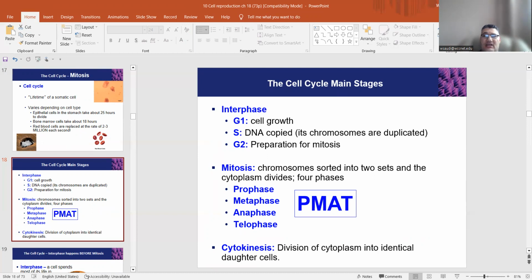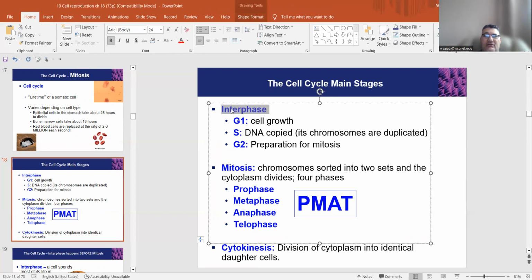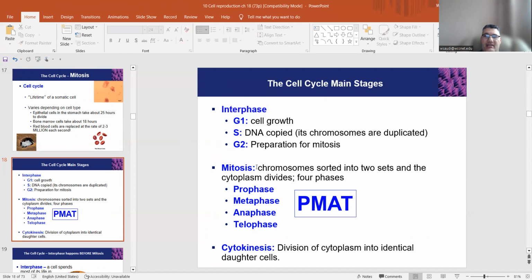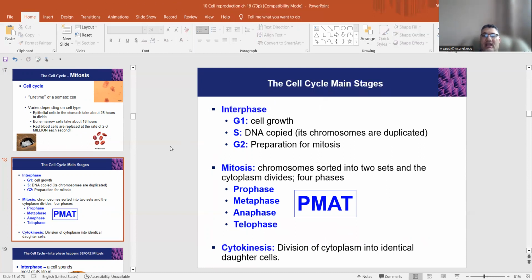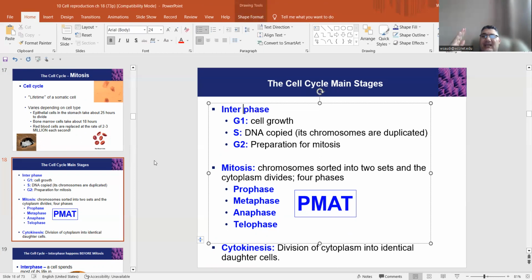And this cycle is divided into interphase, and then mitosis and cytokinesis. Interphase is the longest of all. And inter is another prefix; it means in between. In between what? In between mitosis and cytokinesis. Here is mitosis, cytokinesis, and then you go interphase, interphase, until you come back to mitosis and cytokinesis.